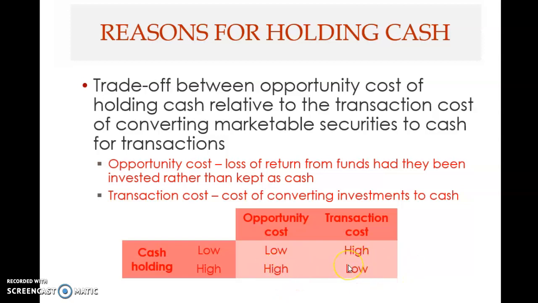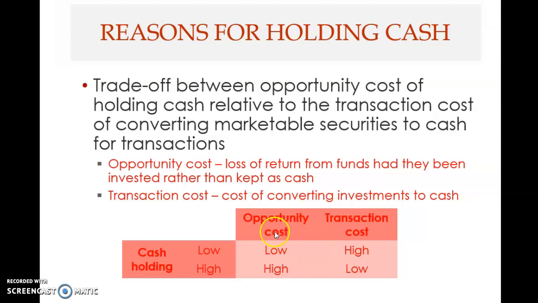cost will be low. Again, there will be a trade-off, but the ideal is to find the cash holding somewhere in between, the optimum level, where the total cost of the opportunity cost and the transaction cost is minimized.